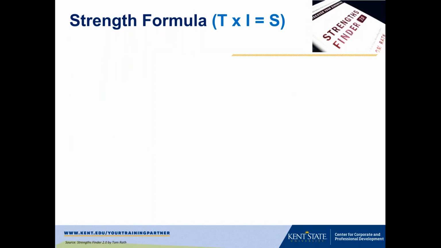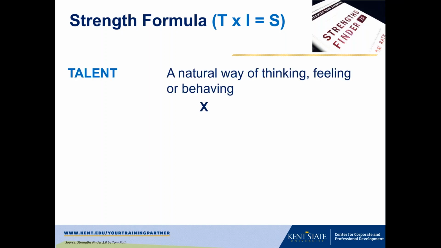So what is a strength? According to Tom Rath, the author of StrengthsFinder 2.0, he spells out a formula: T times I equals S. He calls it a talent. When you take the StrengthsFinder 2.0, you'll come up with a talent, a theme, which he defines as a natural way of thinking, feeling, and behaving.